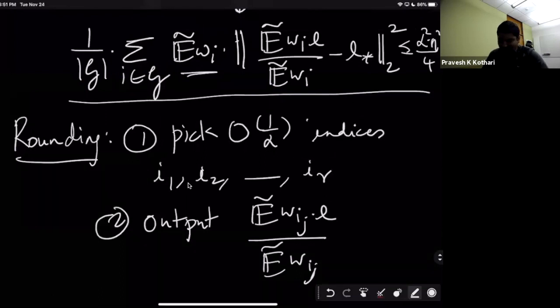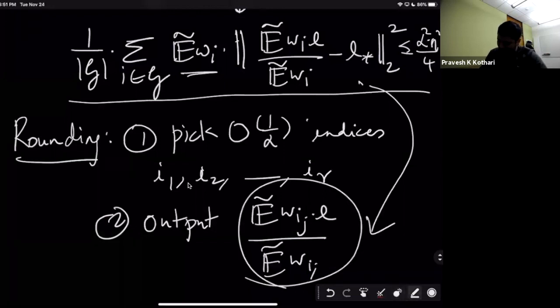What we're going to do is use this inequality to prove that one of them works. It's like the analog of the average statement that we proved in the first part: on average, the intersection must be large, and therefore on average the distance to L star must be close. We're going to use this inequality to prove, by some averaging argument, that one of these vectors is going to be close to L star in L2 distance.